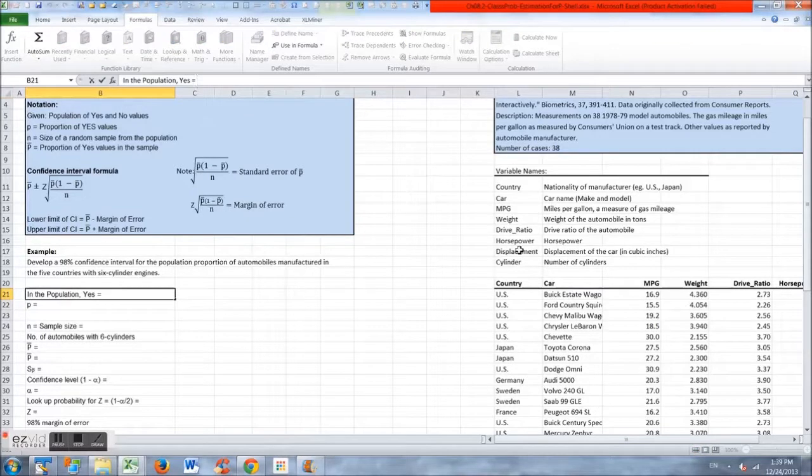That is automobiles with 6 cylinders. So that is our S. So p is the proportion of automobiles with 6 cylinders manufactured in these 5 countries.